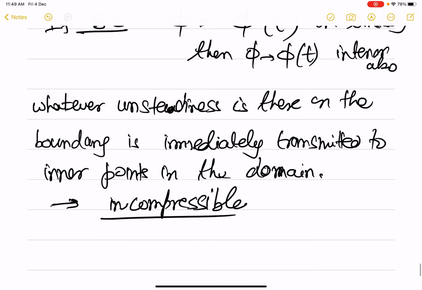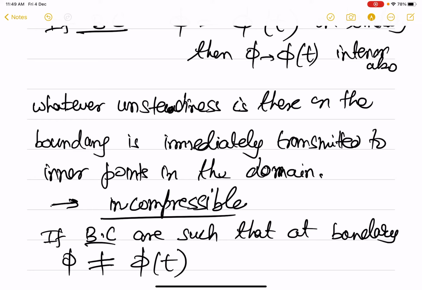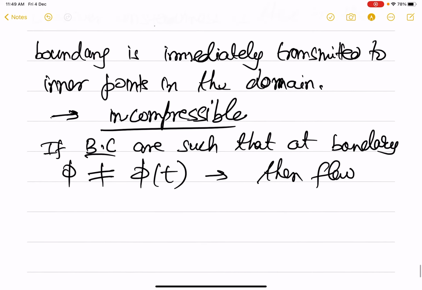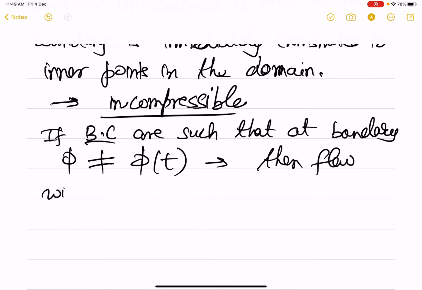So if the boundary conditions are such that at the boundary phi is not phi of t, then the flow will be steady.